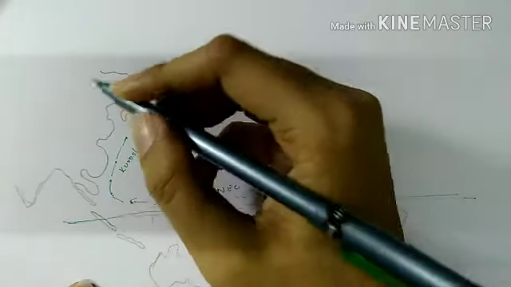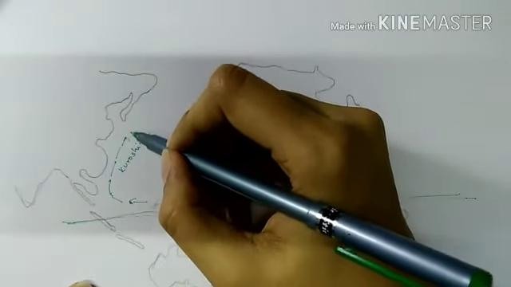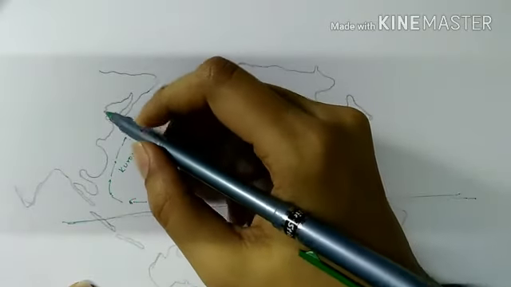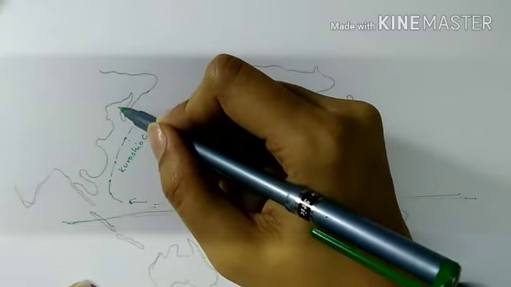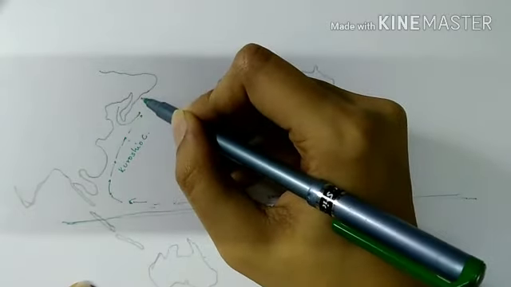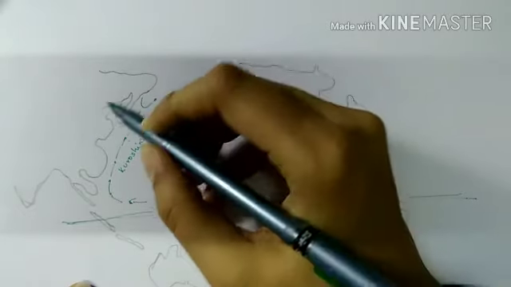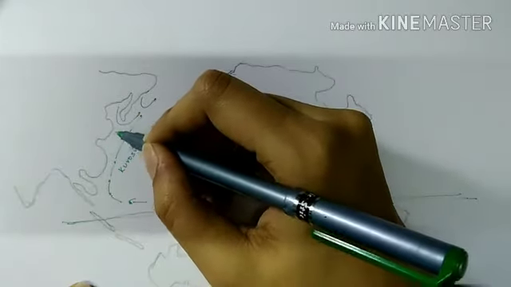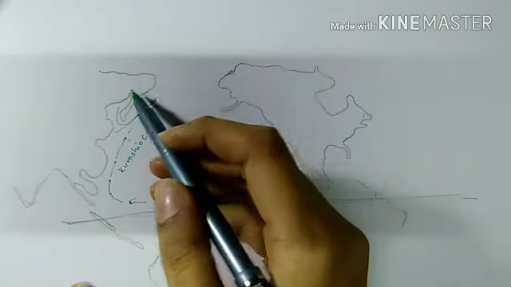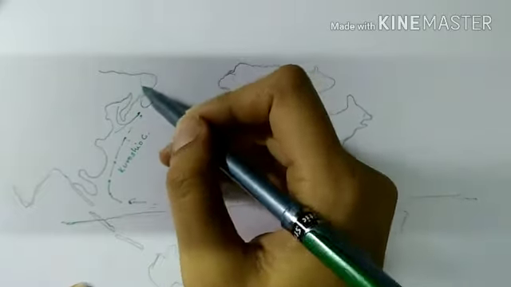Now this Kuroshio current comes under the influence of the Kurile current. Kurile currents are cold currents. And here we have the Alaskan current.